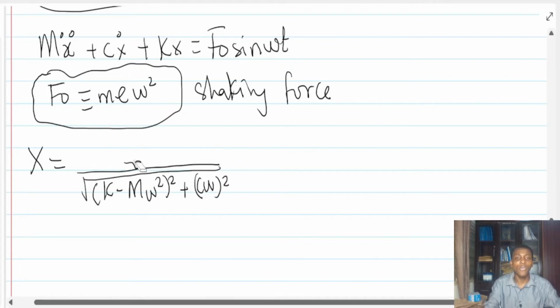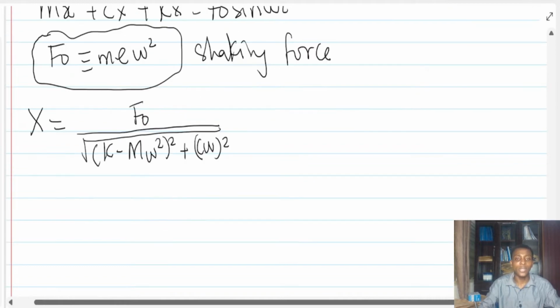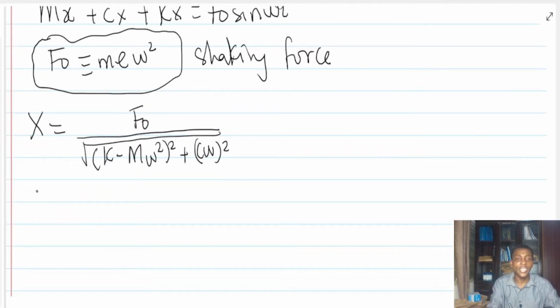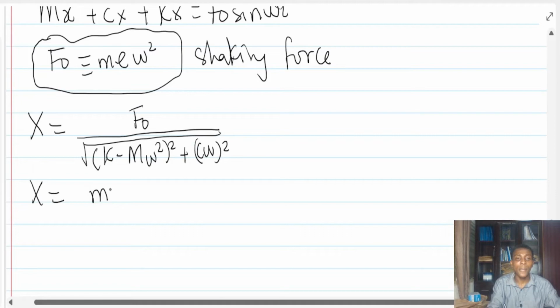We can show this for a forced damped system. That is the amplitude. So we call this the dynamic amplitude.